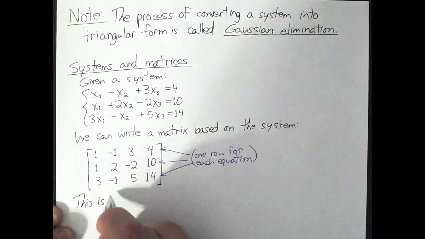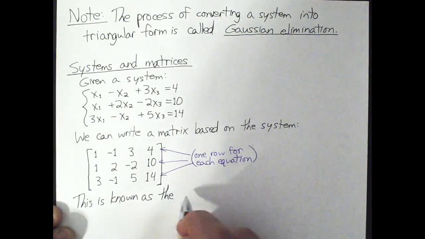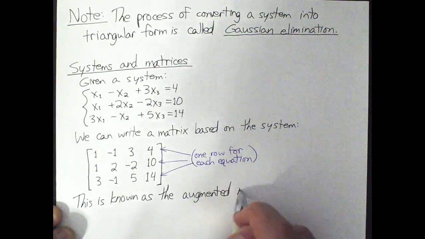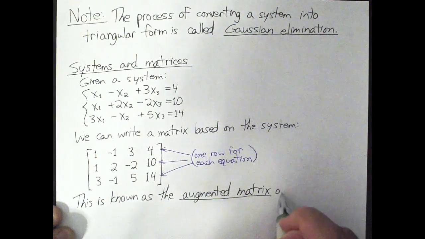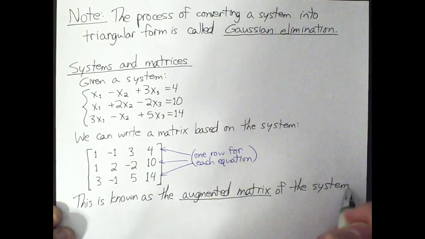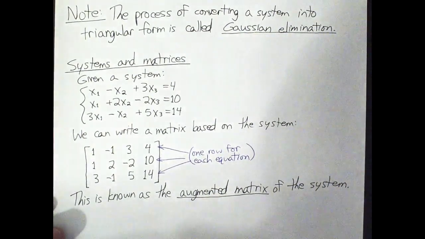And this is known as the augmented matrix of the system. It kind of takes the most important information about the system and strips away all of the other symbols.